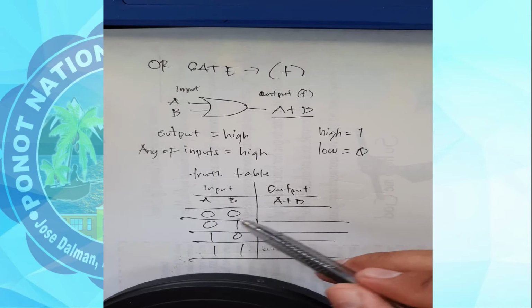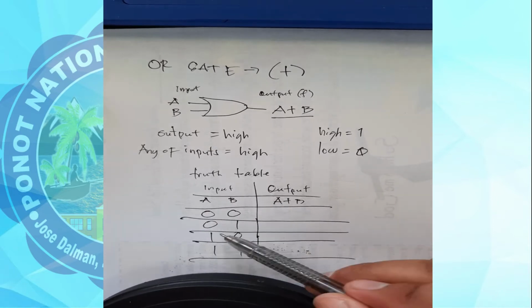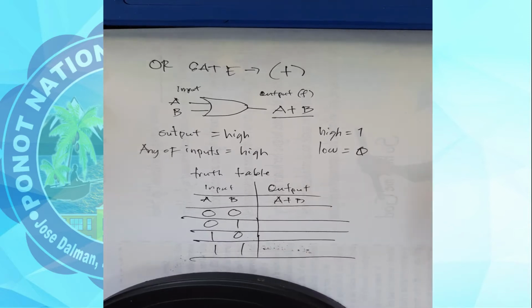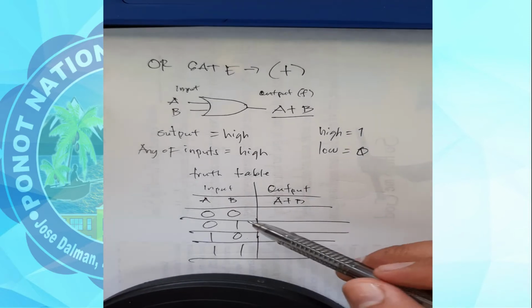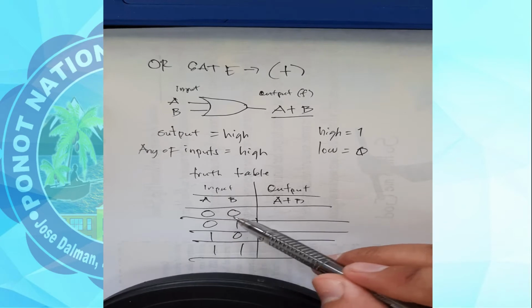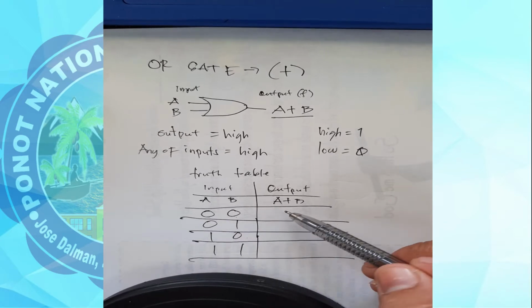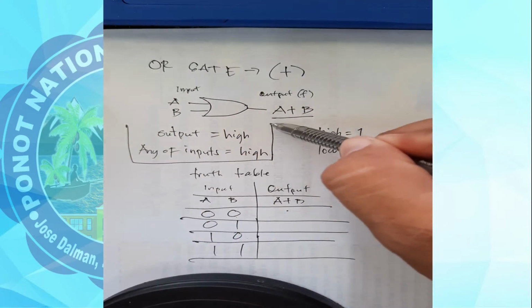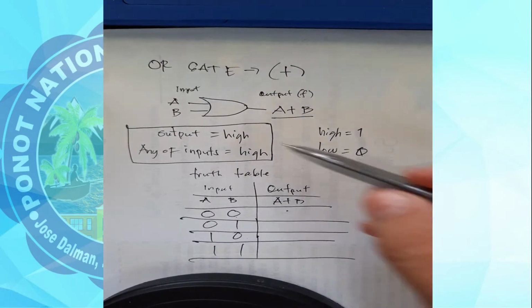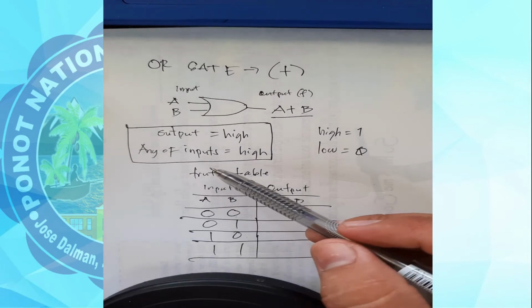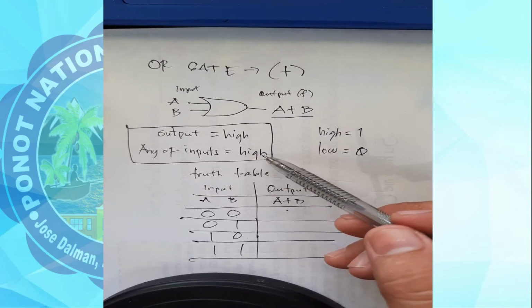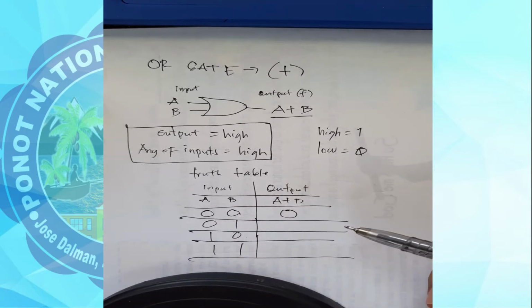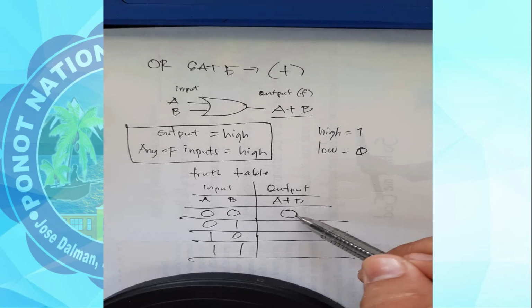Ang combinations ng input natin, pwedeng 0, 0, maaring 0, 1, maaring 1, 0, maaring 1, 1. So, if your inputs are 0, 0 or low, low, what will be your output? Remember, ito ang sabi niya. Magbibigay lamang siya ng output na 1 or high kung any of its inputs are high. So, kung parehong low, meaning the output is low.